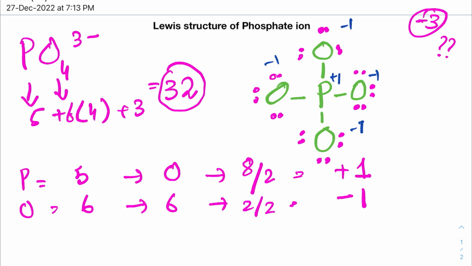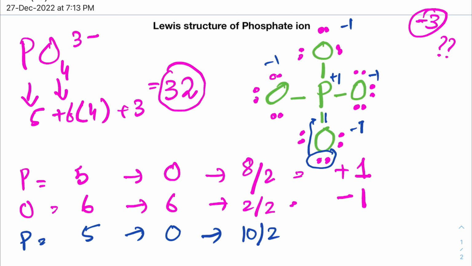So what if we take out this pair of electrons in such a way that it forms a double bond here? When we do this, the charges would be like this: for phosphorus, 5 valence electrons, 0 non-bonding electrons, and bonding electrons divided by 2 equals 0 charge on phosphorus.